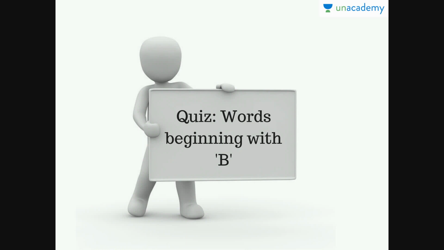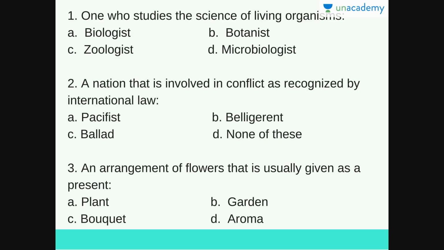Let's look at our first question, which is one who studies the science of living organisms. Options are biologist, botanist, zoologist, and microbiologist. The answer is A, biologist, a person who studies the science of living organisms.